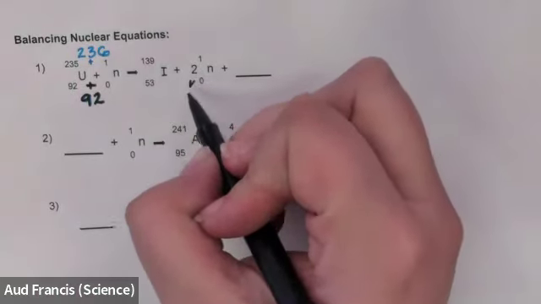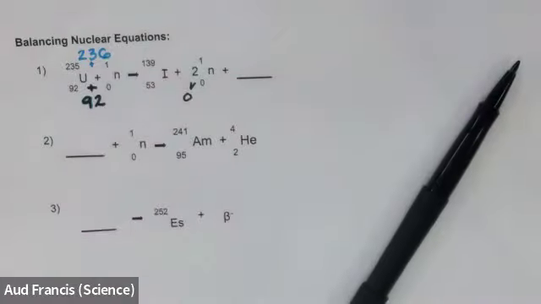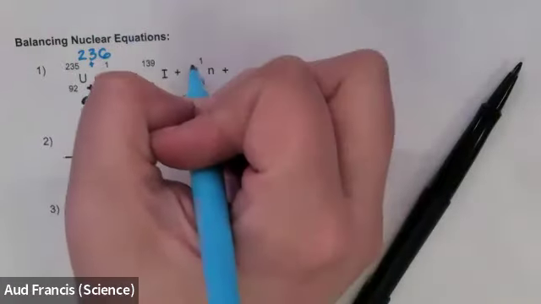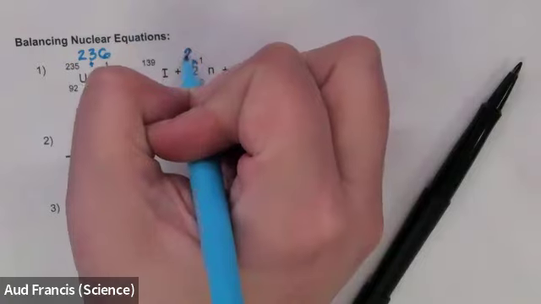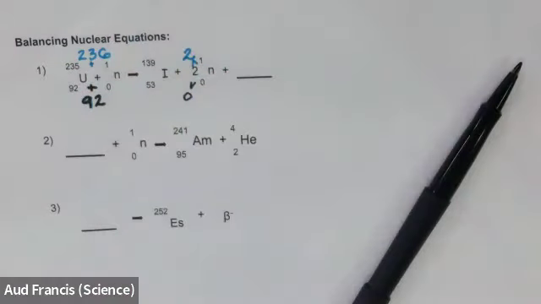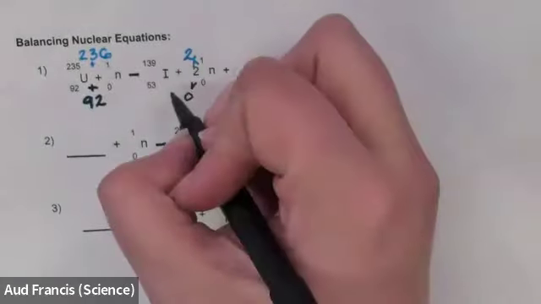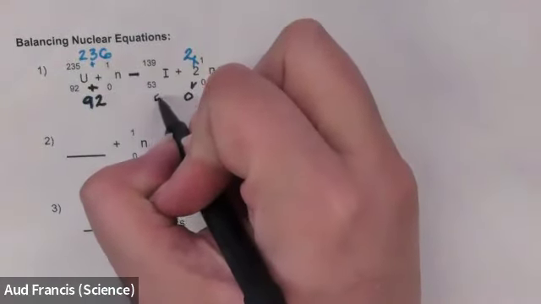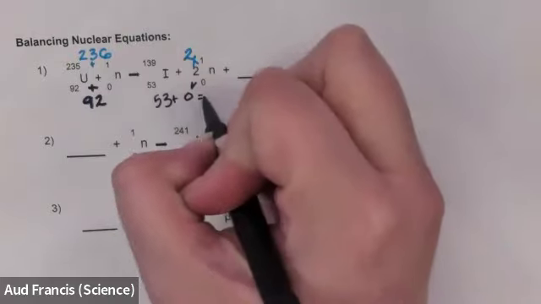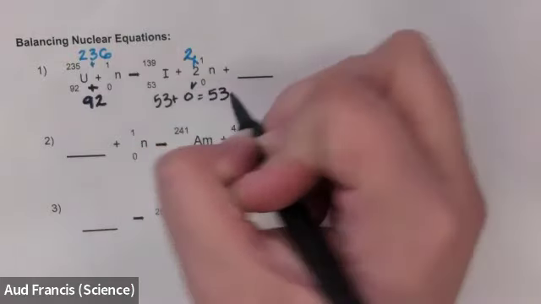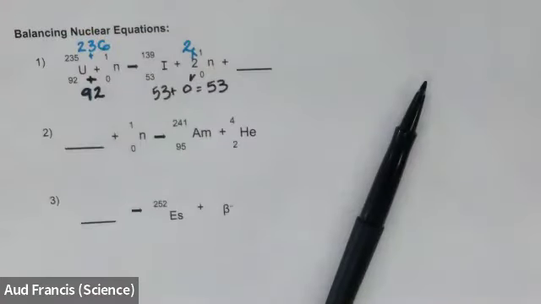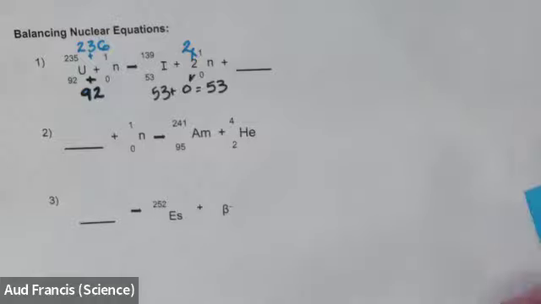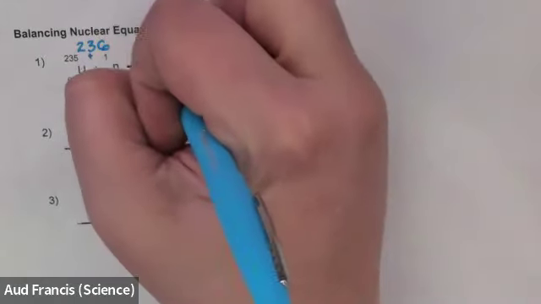So 2 times 0 gives me 0 on the bottom. Across the top, 2 times 1 is going to give me 2. From there, I'm going to do the addition just like I did on the right. So 53 plus 0 gives me 53. Across the top, 139 plus 2 gives me 141.